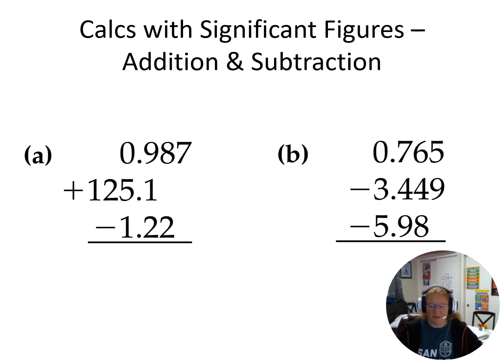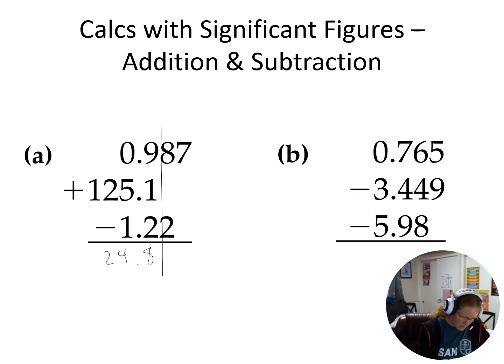Okay, so let's take a look at a couple more examples here. Okay, so my line is going to get drawn right here. Okay, so when I do the math, I am going to get an 8, 4, a 2, and a 1, 124.867.